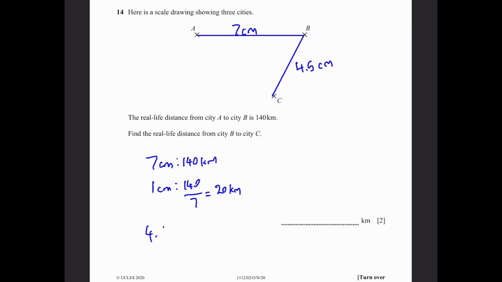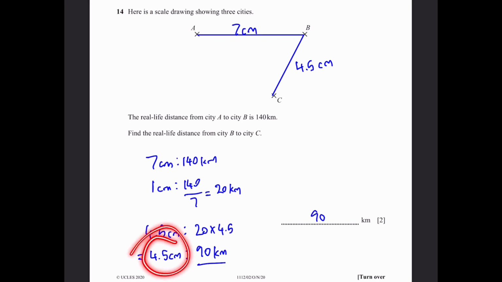And now 4.5 centimeters is to 20 into 4.5, which is 90 kilometers. That's the answer for the distance from B to C. By the way, this 4.5 centimeters is the scale distance of B to C, and 90 kilometers is the real life distance, which I've just written as the answer.